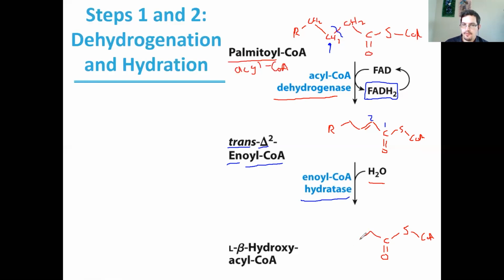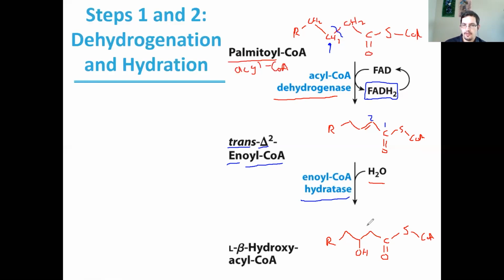And now we have our hydroxy group added as we eliminate that alkene double bond. So we add our water to replace that double bond. And this becomes an L-beta hydroxyacyl-CoA.